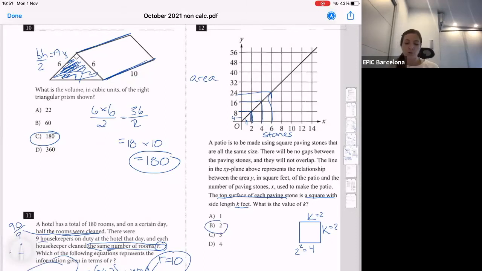Okay, so now you might be wondering, well, how do I get here? Well, if I know that this is the area, look for 2, 8, like let's do this here. So it'd be 2 squared for the K, right? K squared is equal to 4 times 2, the stones, is equal to 8. Let's look at number 4. 4 correlates to 16, so it would be 2 squared, which is K, right?